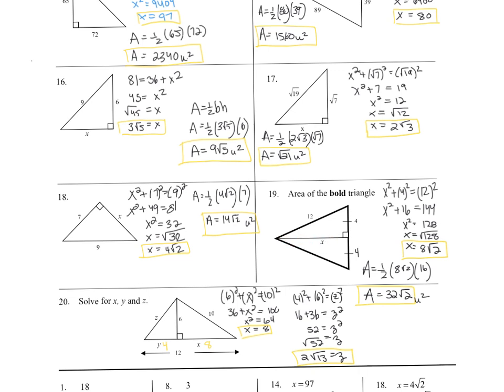When I go to do the area then, I'm going to have to do 1/2, and then the base, I'll need to add these 4's together to get 8. And then, I'm sorry, the height I'll need to use is 8 times the square root of 2. The bases, I will need to add those together to get 8. Let me correct that real fast there. That should be an 8 there.